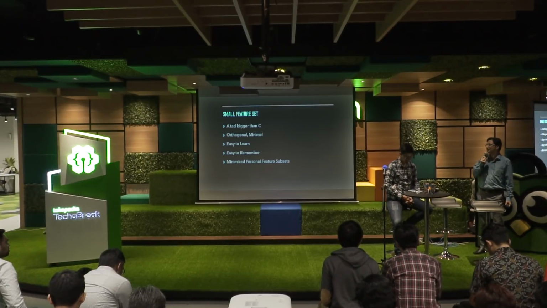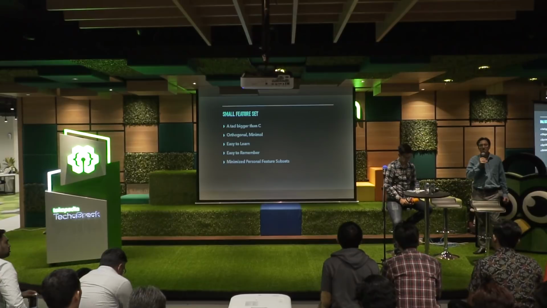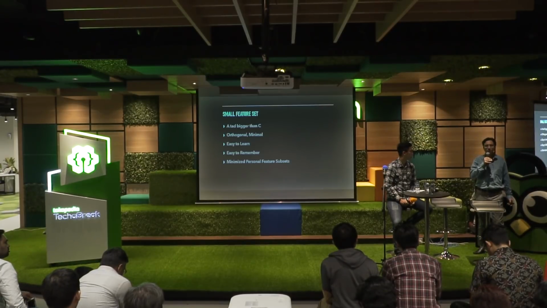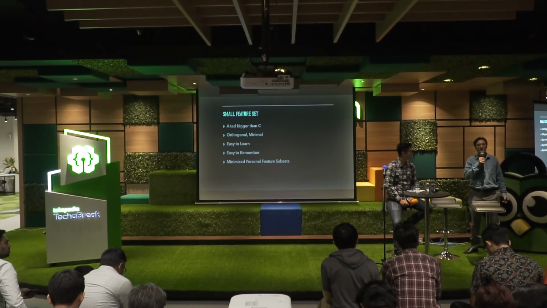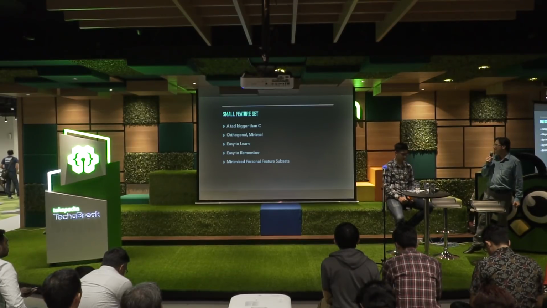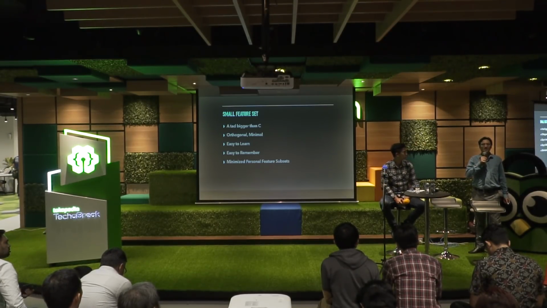And minimal means that it does not have too many different ways to do the same thing. Unlike, say, the Perl philosophy, there's more than one way to do it. In Go and in Python, it's more like there's only one good way to do something. And the net effect of all of this is that unlike large languages, there are very few knowledge islands.